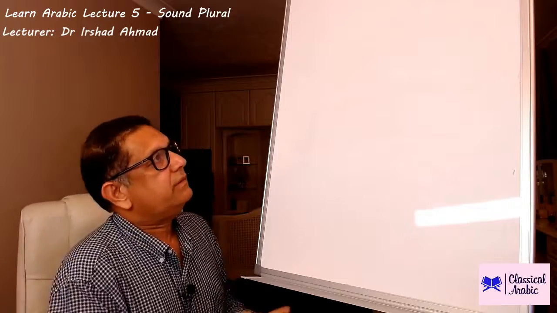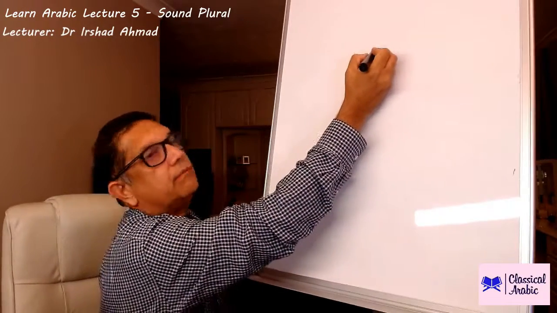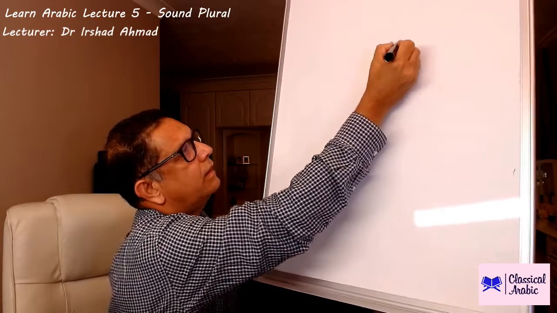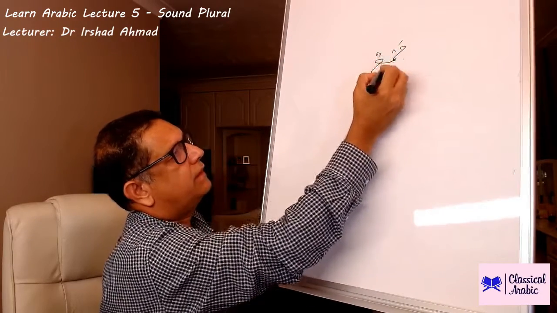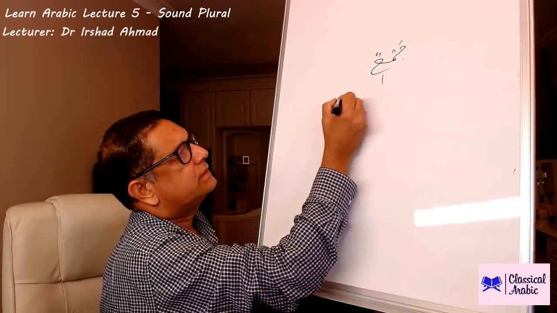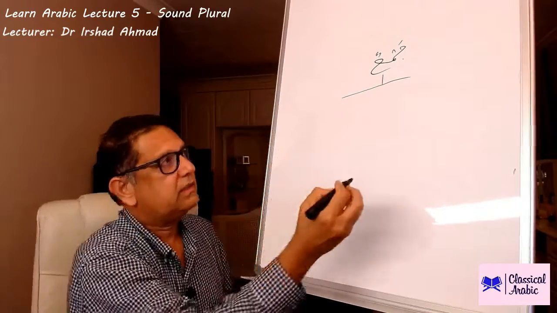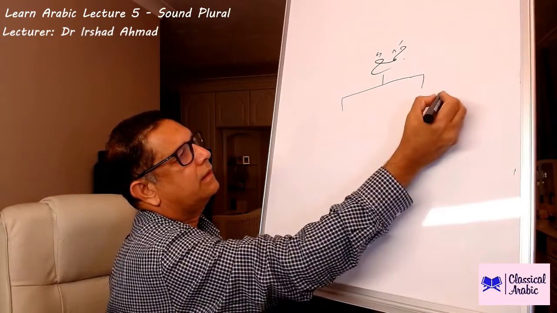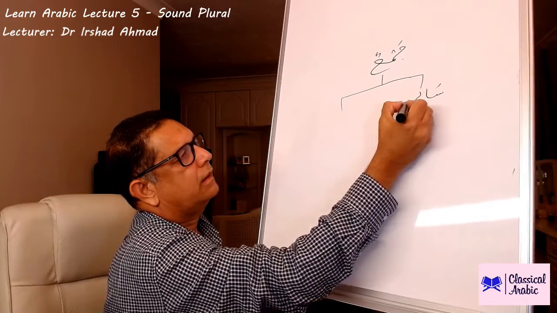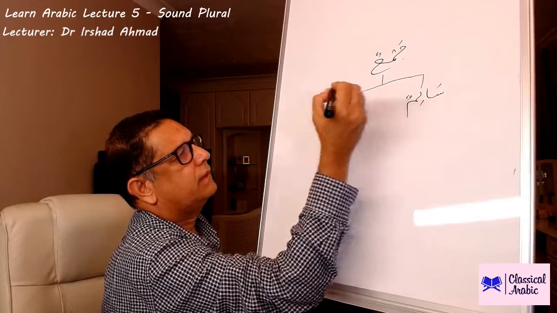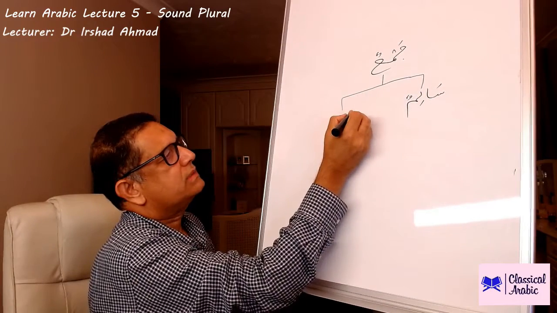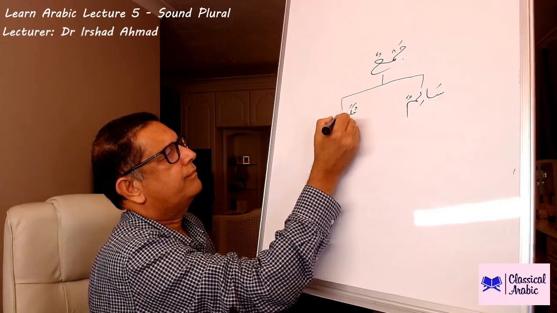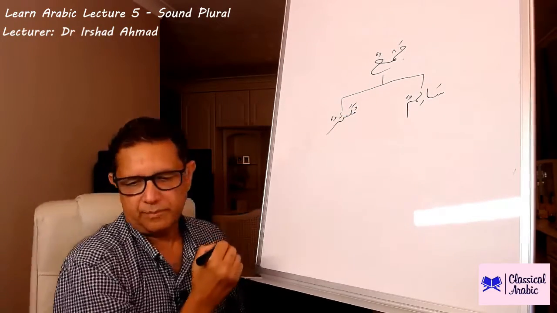Okay, so we have jam'un, jam'a, which is divided into salim and then mukassar.